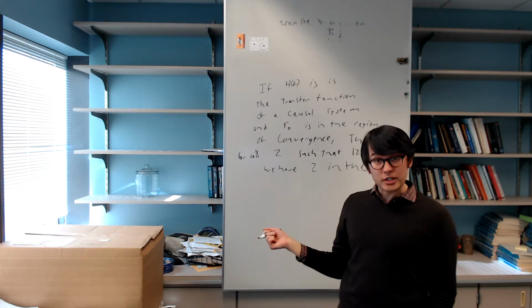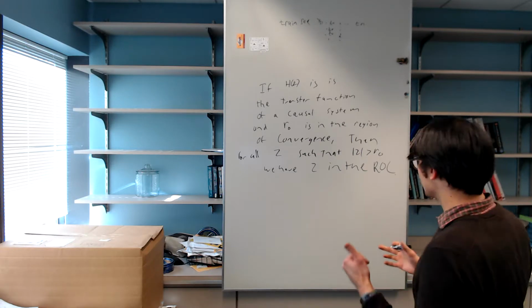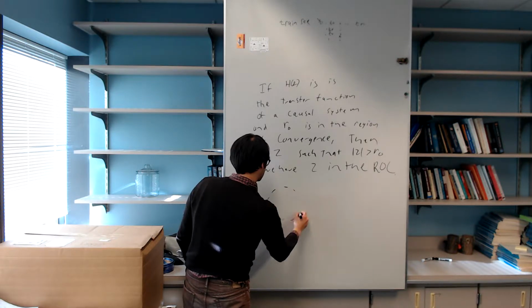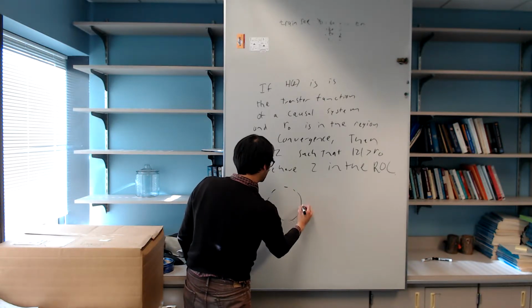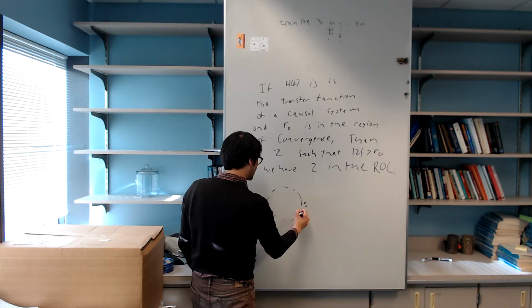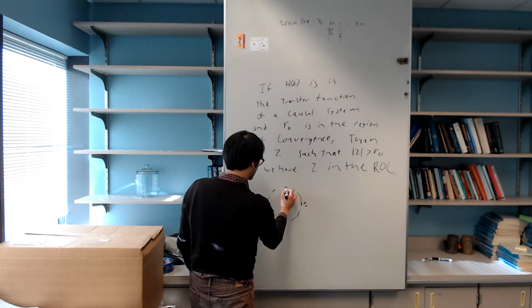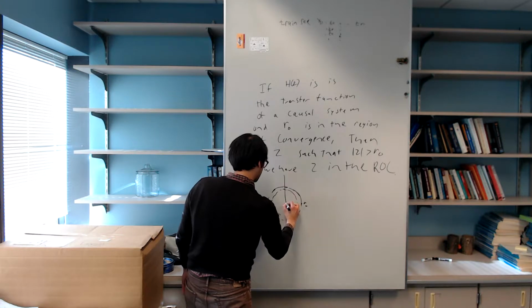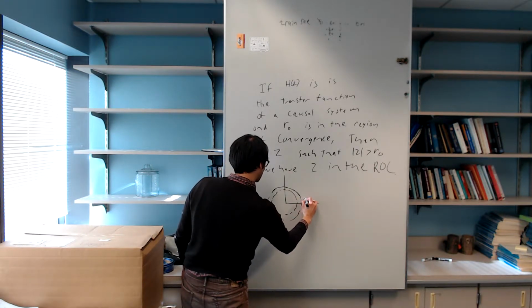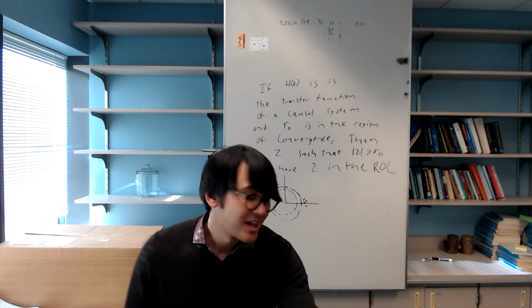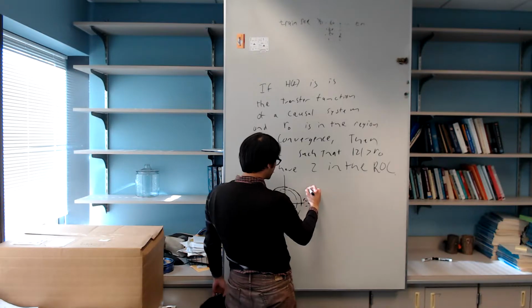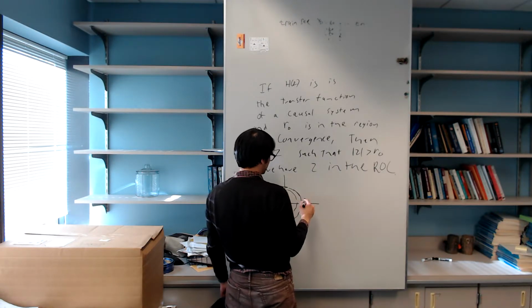So the geometric picture of this statement is simply that if we had a region of convergence that looked like this, where we knew that some R0 was in the region of convergence, we know the region of convergence is always some ring that looks like this. So if we knew that this R0 over here in the complex plane was in the region of convergence, then that tells us that everything outside of this R0 must also be in the region of convergence.